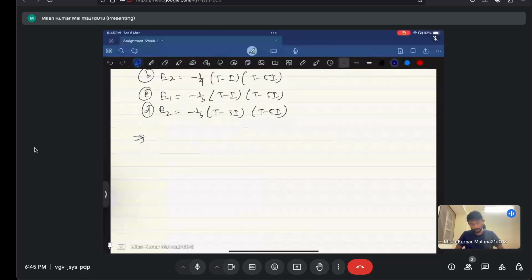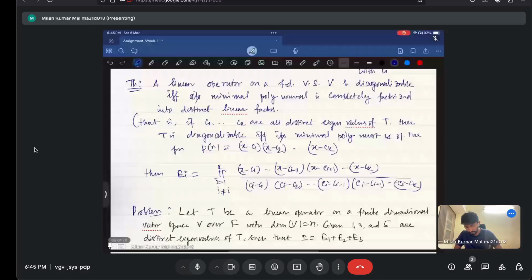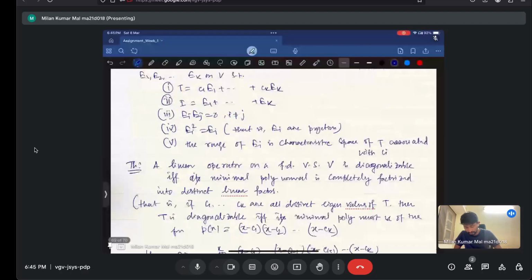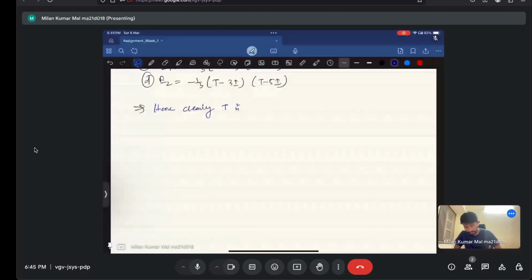So clearly T is diagonalizable, by the above discussion.